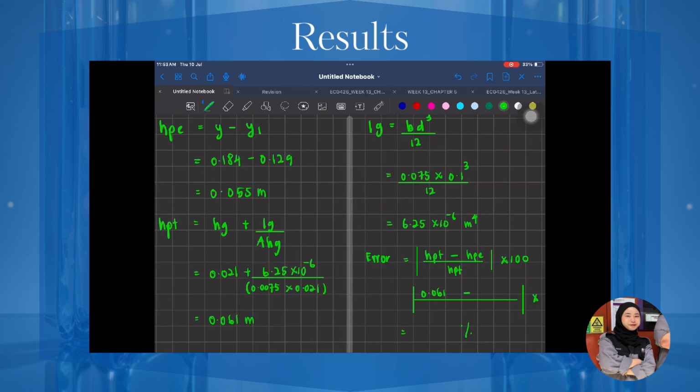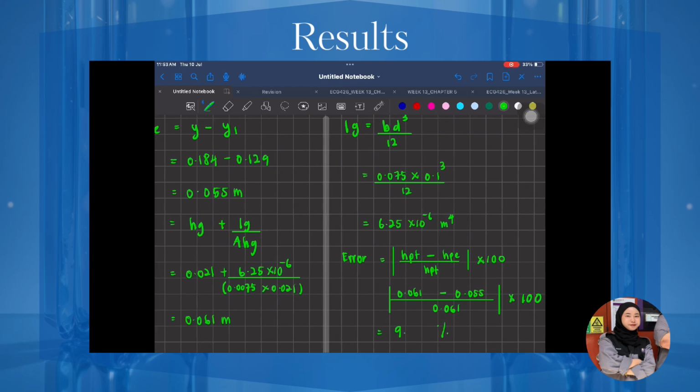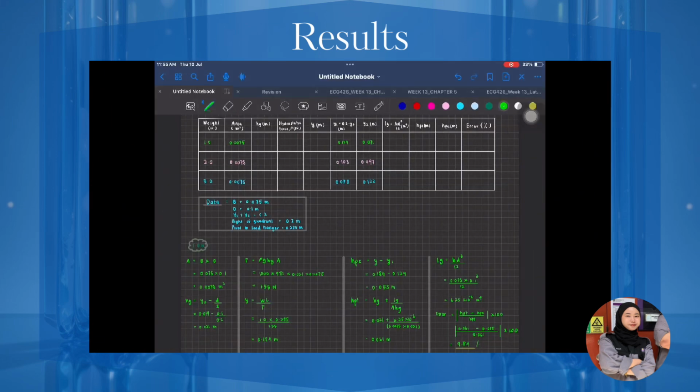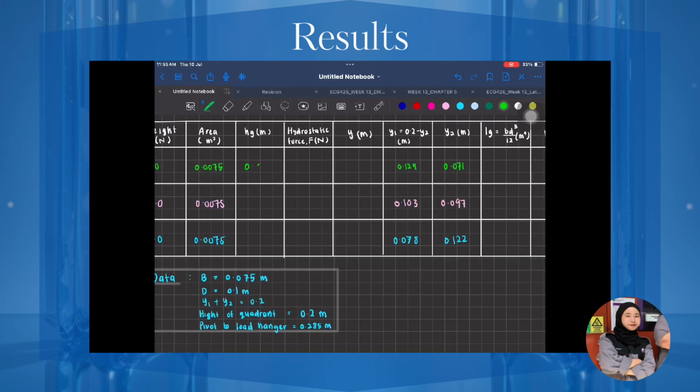The last part is to calculate the percentage error between the theoretical and experimental depth. Based on the formula, we got the error for 1 Newton is 9.84%. Next, I insert all the answers into the table of 1.0 Newton.